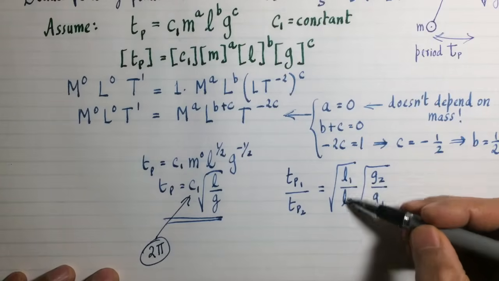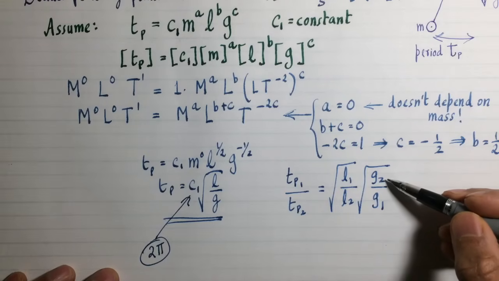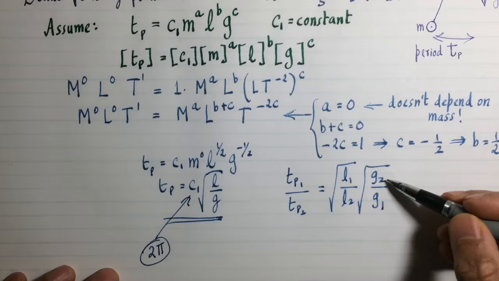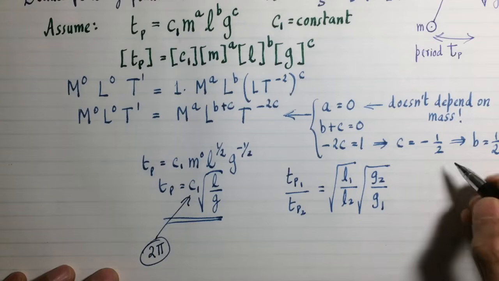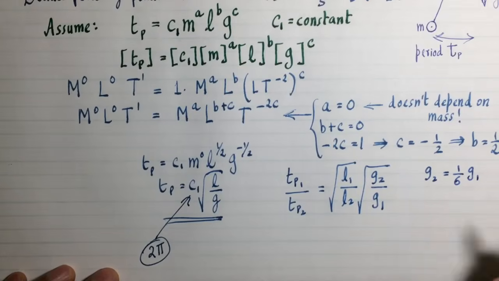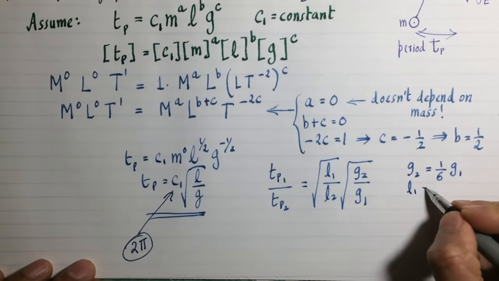For example, if you keep the lengths the same and you go to the moon, then knowing the acceleration of the moon compared to the acceleration of the Earth, say the acceleration on the moon is 1/6 the acceleration of the Earth. So G2 is 1/6 G1. That's the elementary fact you learn in high school. And let's suppose that L1 equals L2.